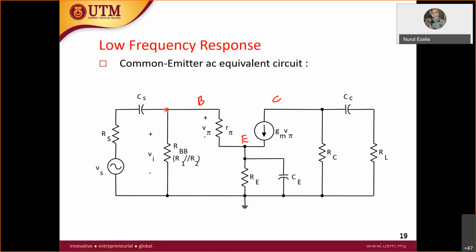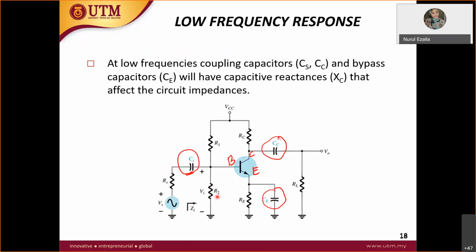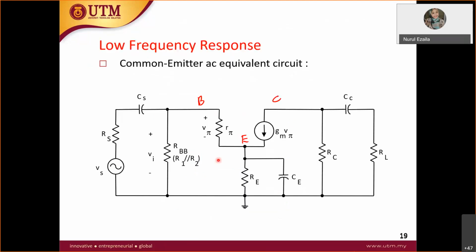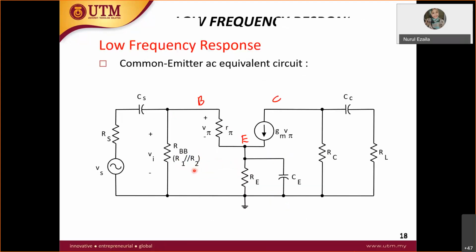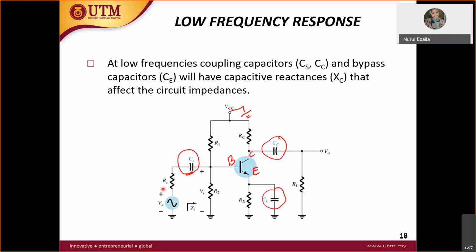From base, you have R1 and R2 in parallel to the ground. The capacitor is not short circuited, you include it. Also at base you have CS, then resistor RS and VS, which you put in your circuit like this.